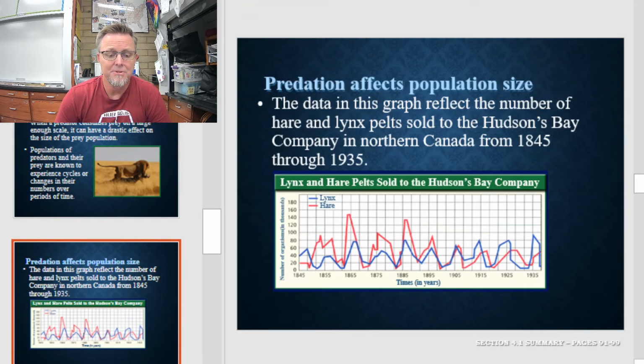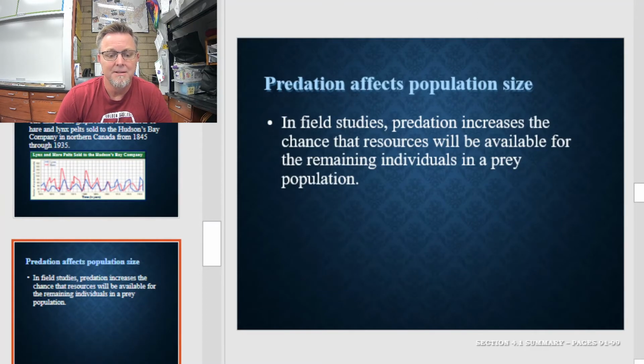And just look at those two red and blue lines, right? And you can easily see the direct connection between the predator population and its fluctuations up and down, and then the prey population and its fluctuations up and down. In field studies, predation increases the chances that resources will actually be available for the remaining individual prey population. So, on one hand, I suppose having predators around is good for prey.